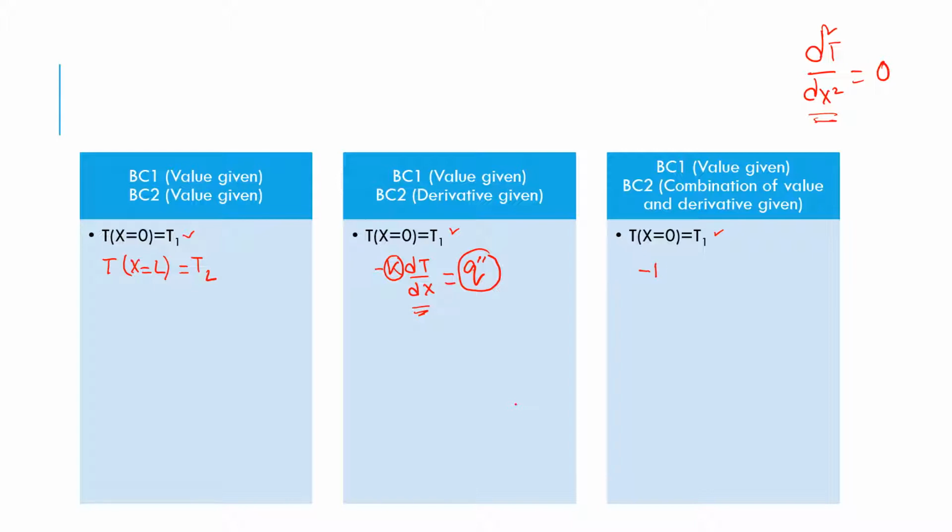It looks like minus k dT dx at x equal to L is equal to h times T at x equal to L minus T infinity. And so this is the condition at x equal to L in this case.